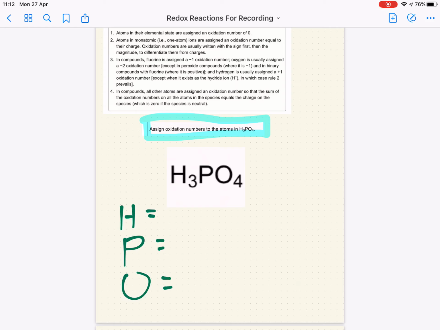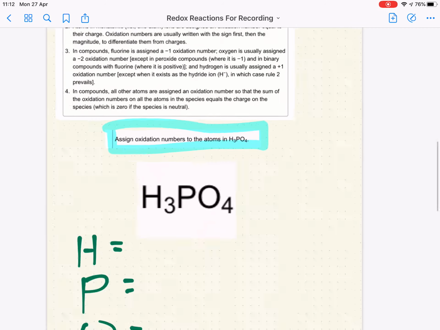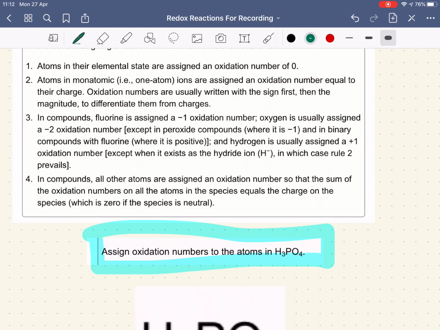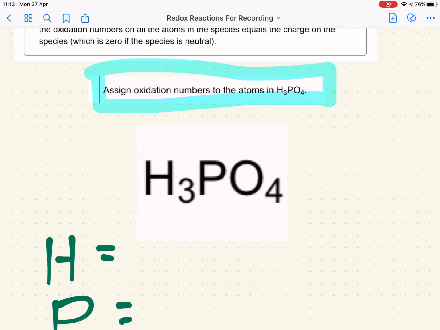Okay, welcome back. Hopefully you were able to figure those out. I'll show you how to do it now. Okay, so using these rules, what do we know? Well, this particular species has two elements that are specifically listed in our rules. Hydrogen is usually +1, and oxygen is usually -2. So let's use that and see if it works out here, okay?